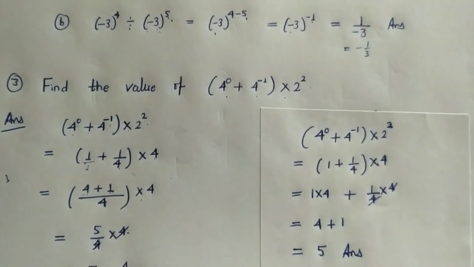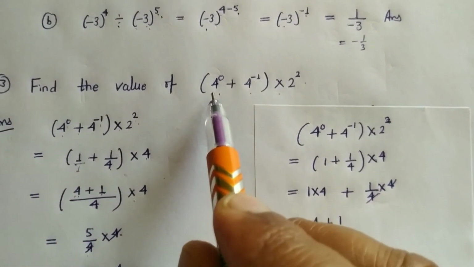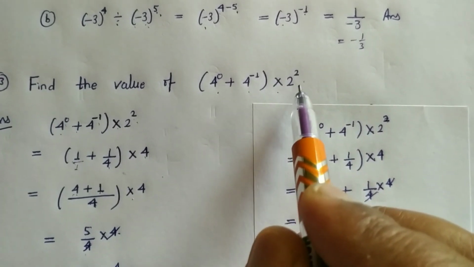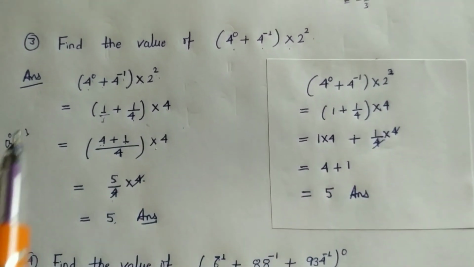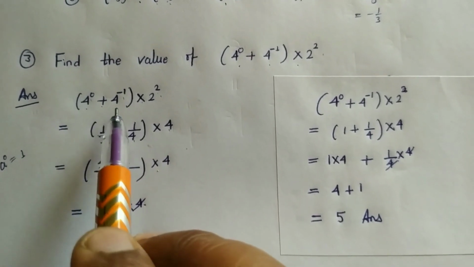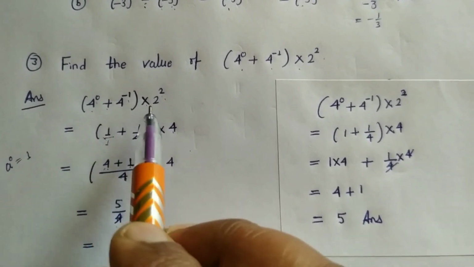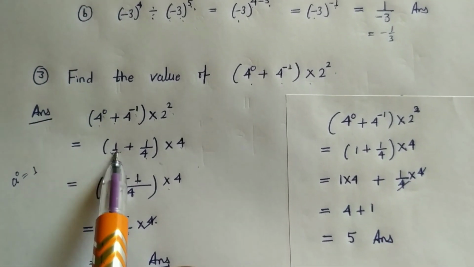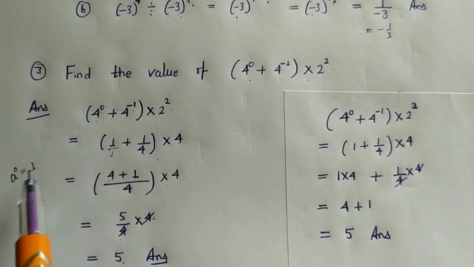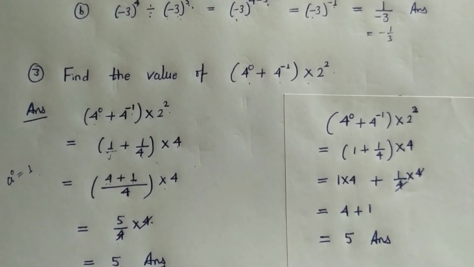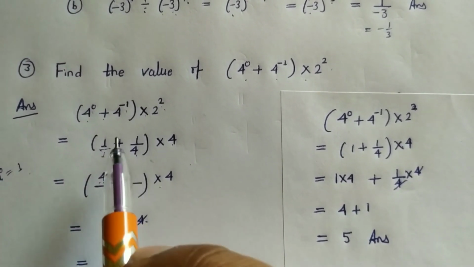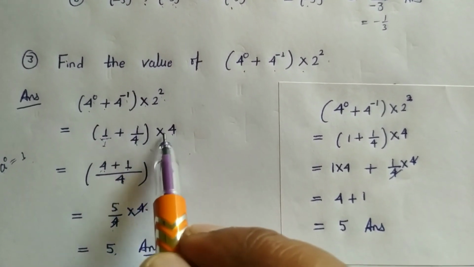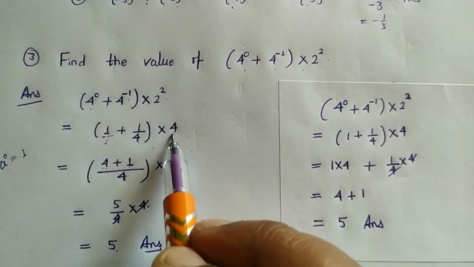Next question is, find the value of (4 to the power 0 plus 4 to the power minus 1) whole multiplied by 2 to the power 2. 4 to the power 0 is 1, as we know that a to the power 0 is 1, where a is not equal to 0. 4 to the power minus 1 can be written as 1 by 4, and 2 to the power 2 is 4.